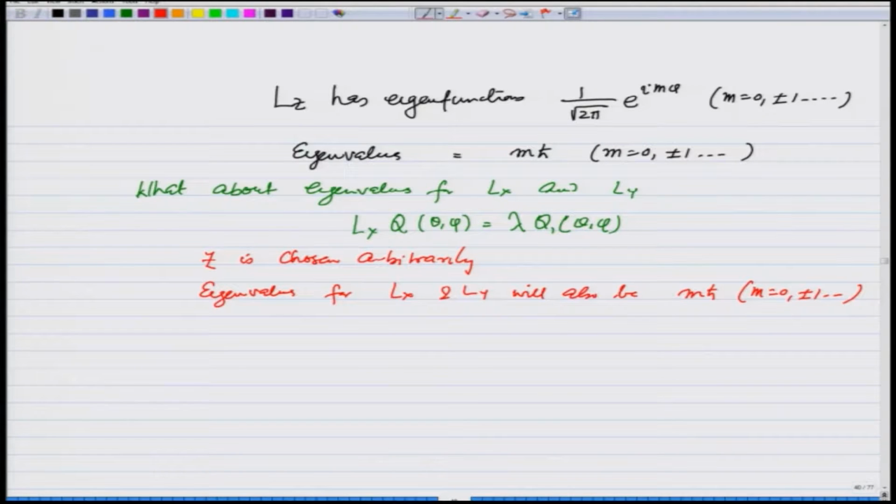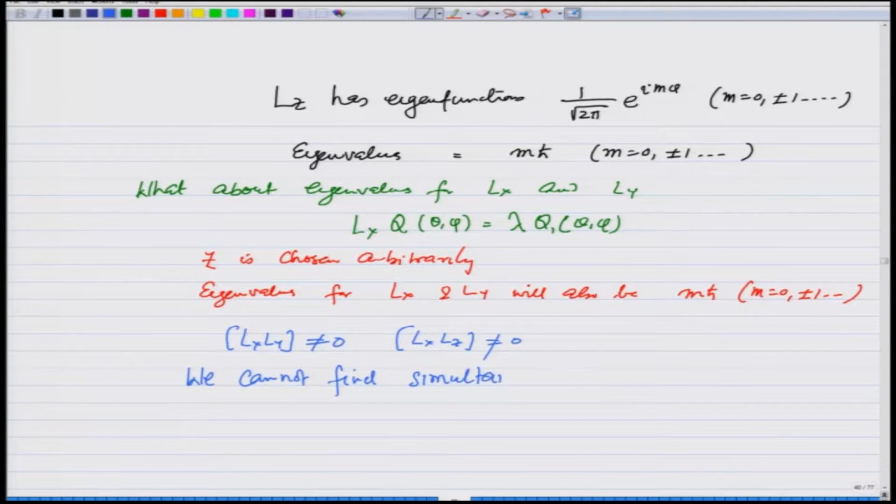The only thing that happens is now, because Lx Ly is not equal to 0 or Lx Lz is not equal to 0, therefore, I cannot find simultaneous eigenfunctions of Lx, Ly and Lz.